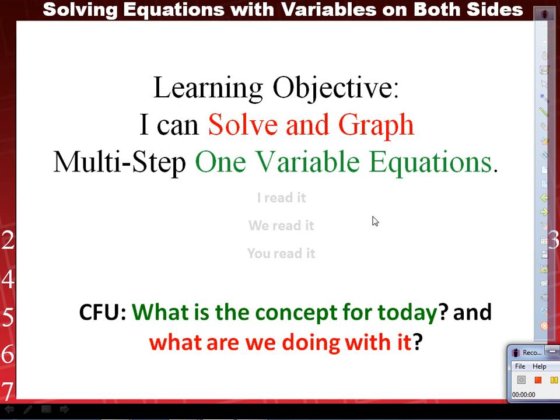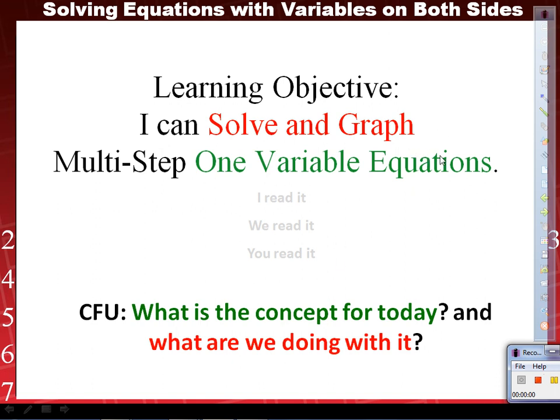Paulina, what did you get for the definition of one variable equation? Did we hear that? Two expressions equal to each other. Yes. Very good.